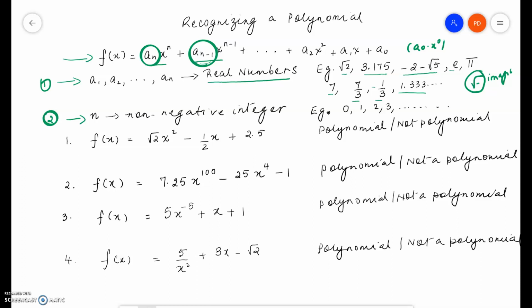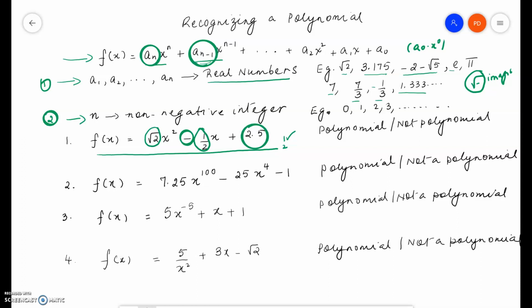Let's look at the first one. So f of x is given by this expression. So let's look at the coefficients of the x terms. That's including the negative sign. They're all real numbers. So the first condition is satisfied. The first condition is that all the coefficients of the x terms are real numbers.